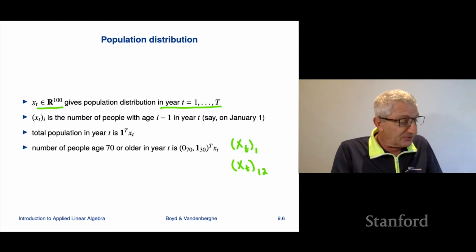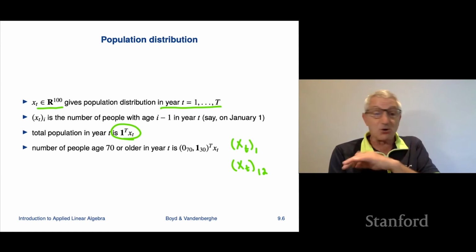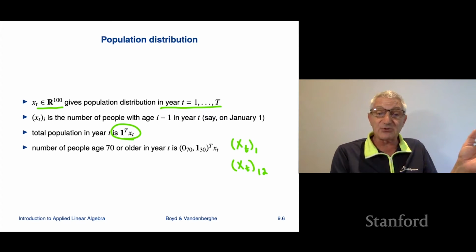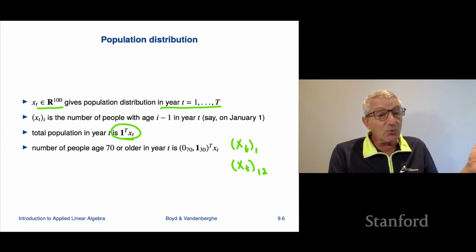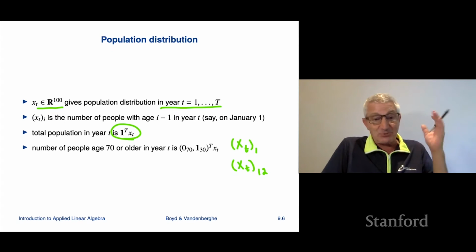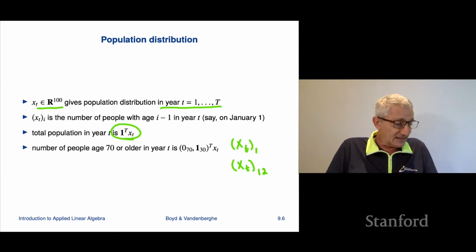So for example, if you wanted to get the total population, that's 1 transpose xt. So that's the vector of all ones. You know that if you take the inner product of the ones vector and a vector, you sum all the entries. And so this is adding up everyone who is alive, right? So it's everyone who has an age between 0 and 99. In our model, there's no one alive older than 99.